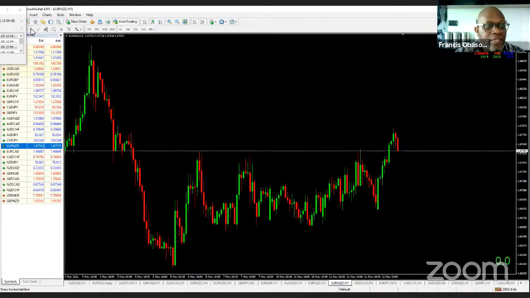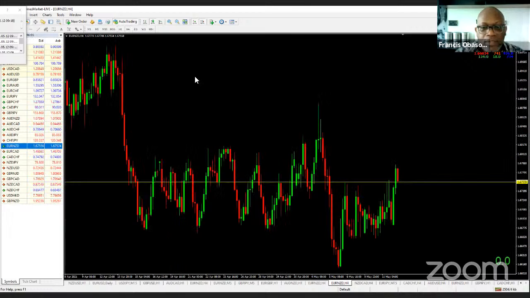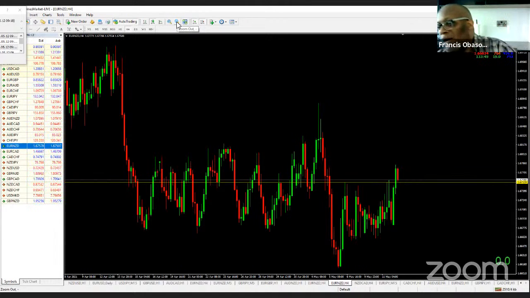We see the price has broken above this high here. We'll basically watch to see if it's going to continue down. Otherwise, we could possibly buy this one. Now, I'll make a note of it.